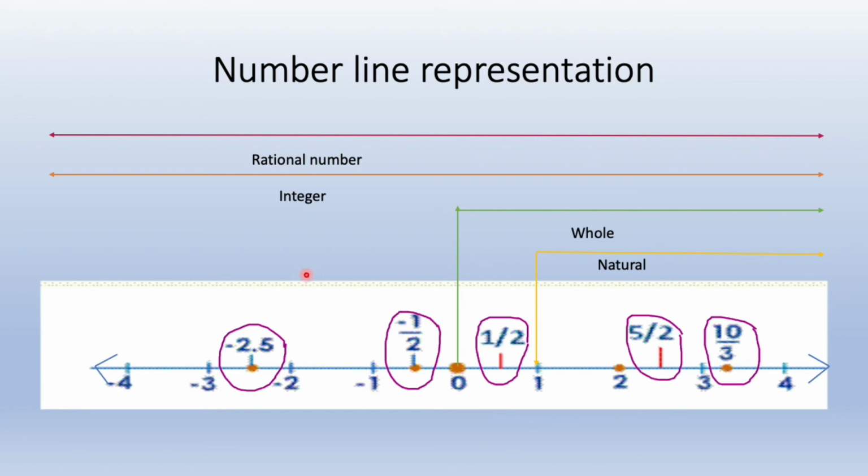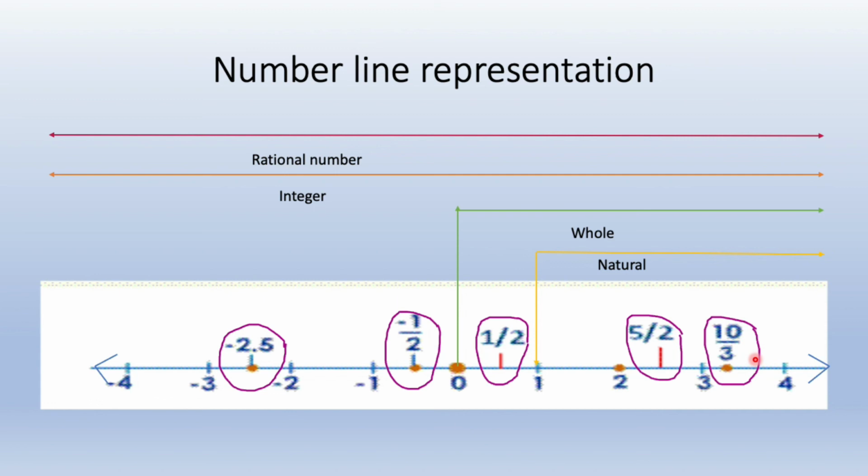You can see here between -3 and -2, -2.5 is there. Between -1 and 0, -1/2 is there. Between 0 and 1, +1/2 is there. Between 2 and 3, 5 by 2 is there. And between 3 and 4, 10 by 3 is there. So like that we can find many numbers between two integers.